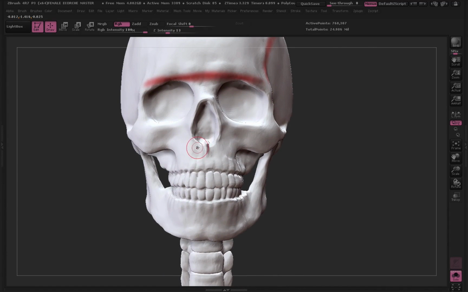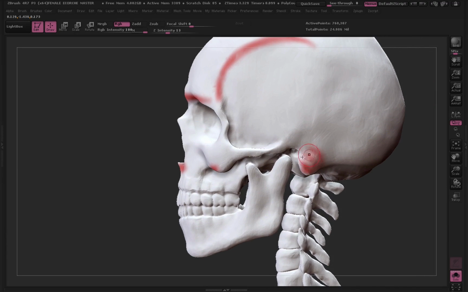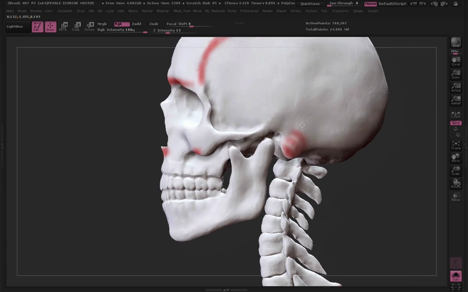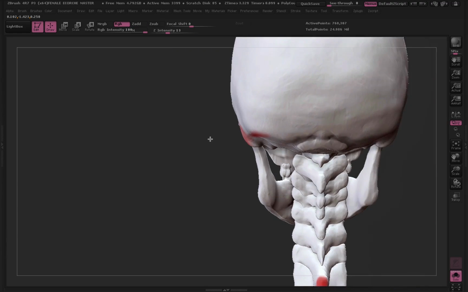If you look at the base of the nose, the nasal aperture is roughly on a level with the base of the cheekbone. Follow that to the side, you get to this bony projection, which is called the mastoid process, and you can feel that right behind your ear. You can see this also brings us around to the base of the skull.